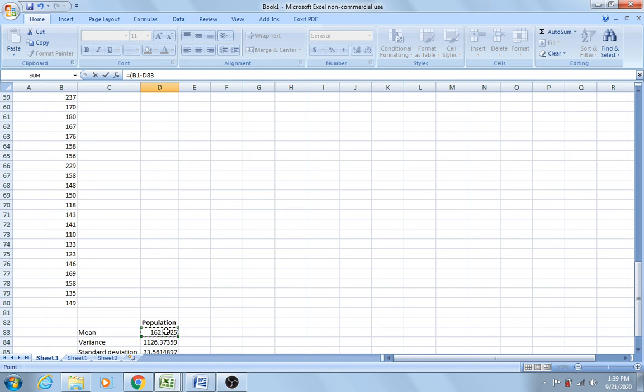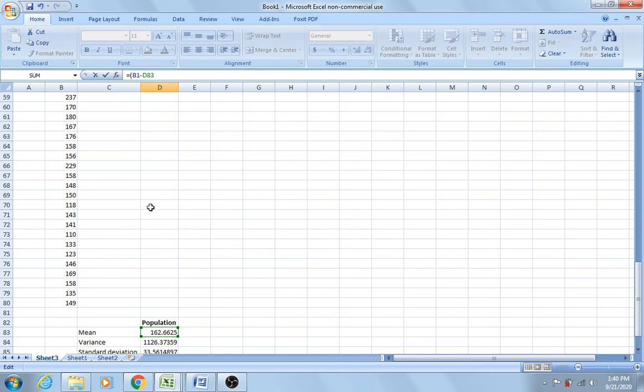But remember, I will copy the formula down, so you need to lock the mean so that when you copy it down, the yellow cell here will not move down.